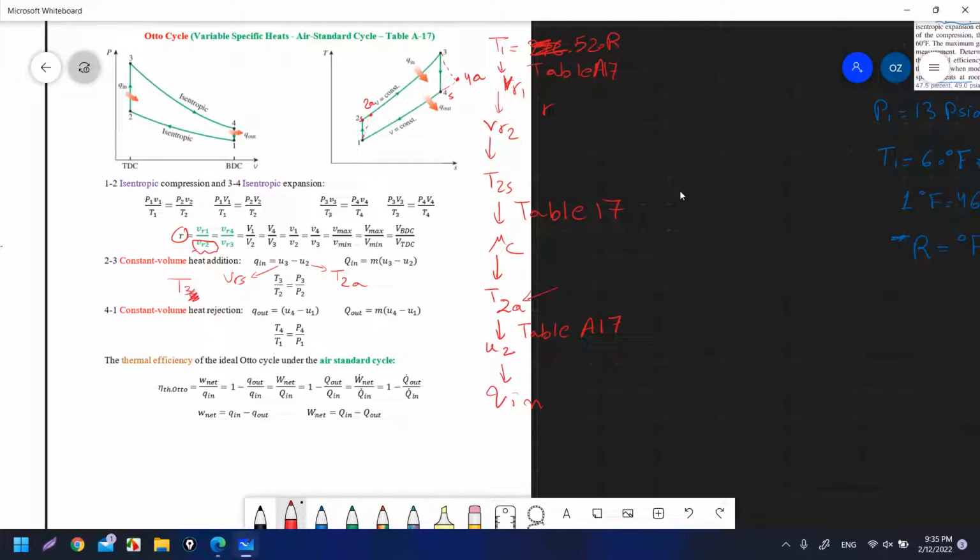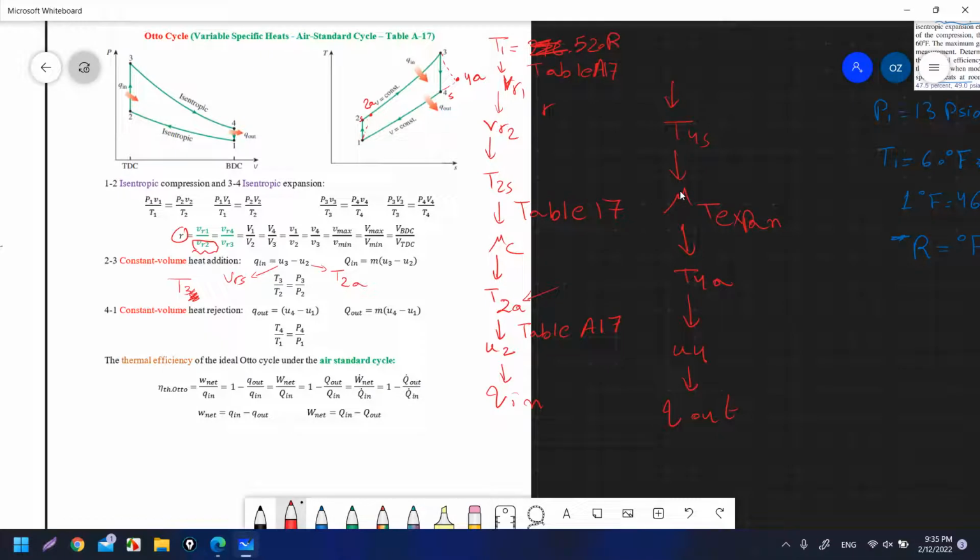For U4 I need to find U4 so I can find Q out, and to find U4 I need to find T4A, and T4A is from the equation for the isentropic turbine or isentropic expansion efficiency. To use this equation, I have to find T4S, and before T4S, I have to have any property at state 4. I cannot use U4 because I already want it here.